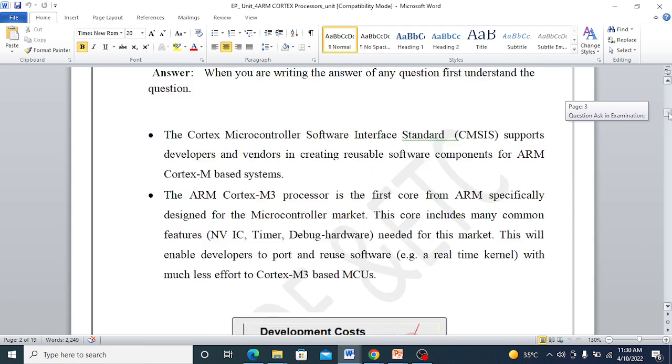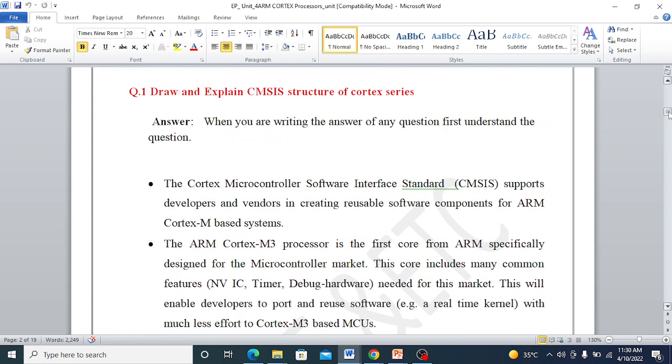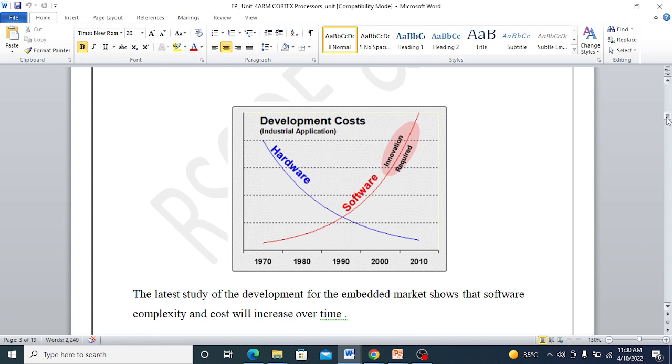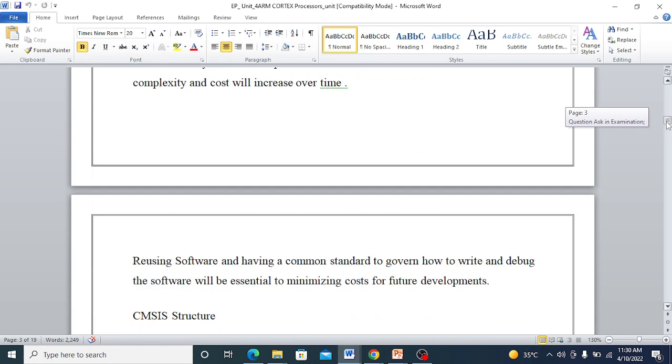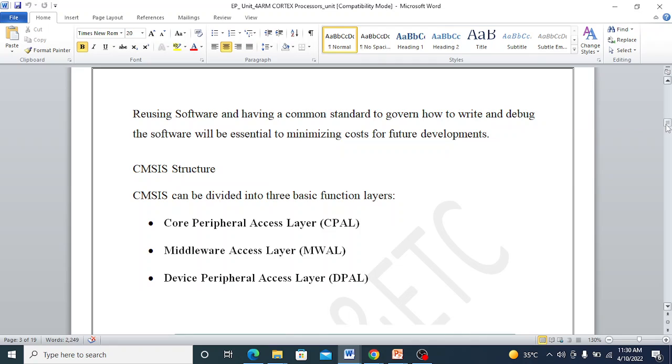So CMSIS structure, what is it? It is the Cortex microcontroller software interface standard, which supports developers and vendors in creating reusable software components for ARM. So this is what is available, the diagram you need to draw, the different types of layers available in CMSIS. This is divided into three basic functions: core peripheral access layer, middleware layer.